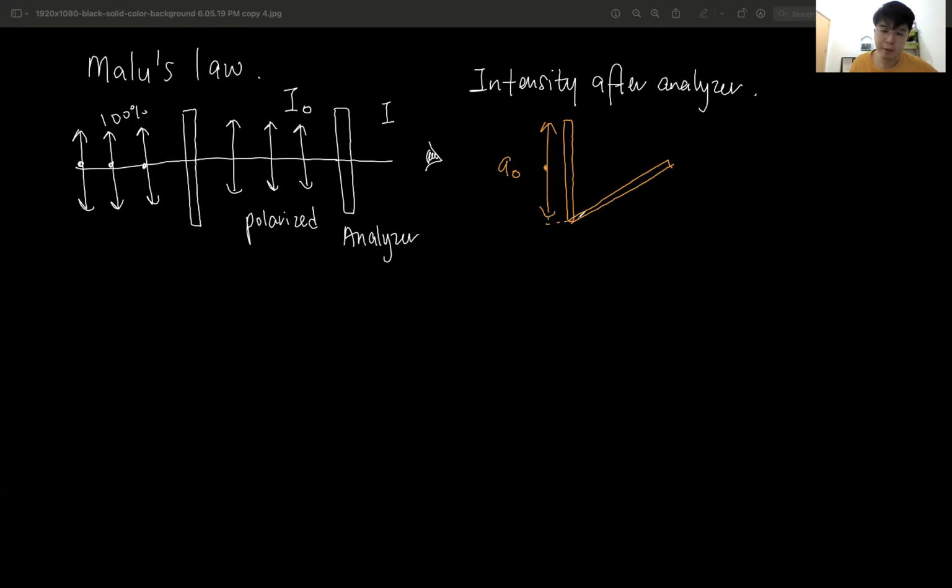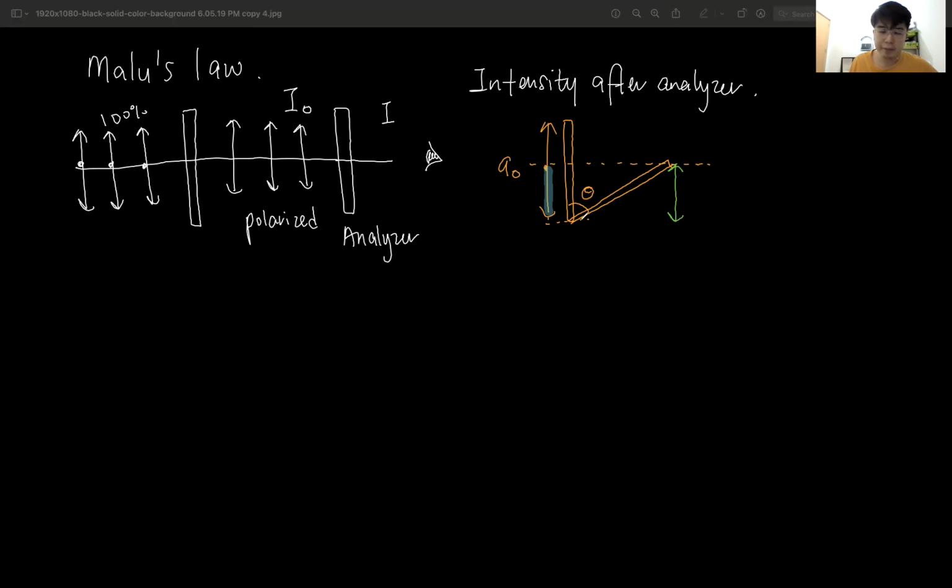I rotate it like this, and which portion of the light can pass through? Let's just say I rotate a certain angle. Only the bottom portion of the light can pass through, this one over here. The top part cannot pass through. So only this region passes through, and the top part here is missing.